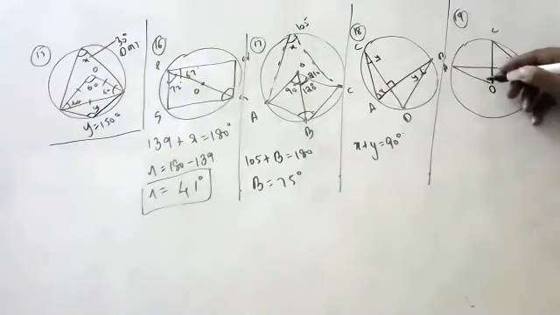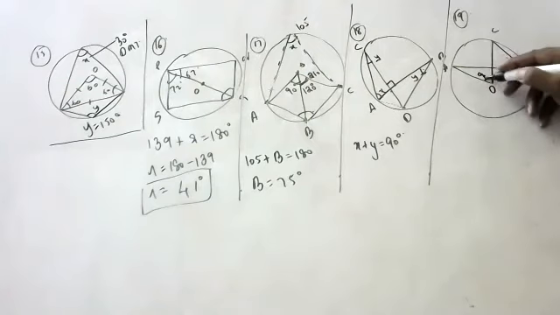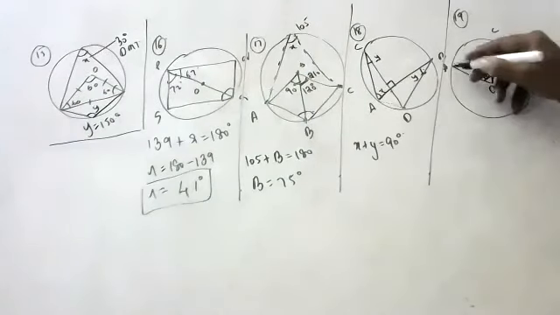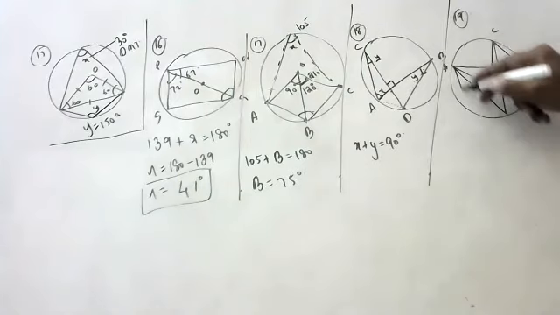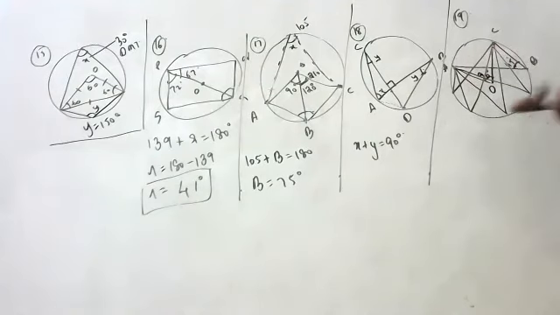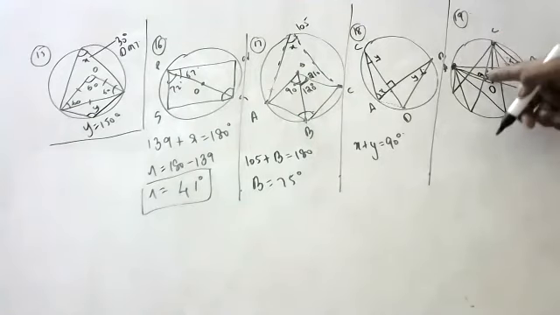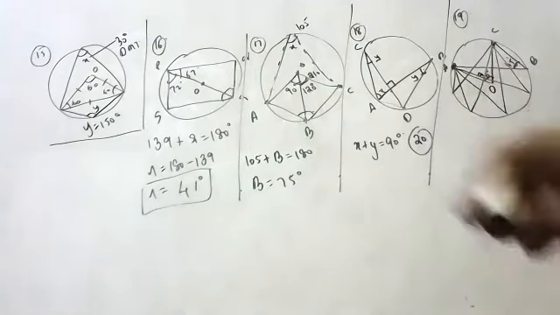By the degree measure theorem, if this is 45, this will be 45, and this is 90. Suppose it is like this or like this, anyway it is the degree measure theorem only, because both are meeting at the same point. Try to understand. Degree measure theorem.